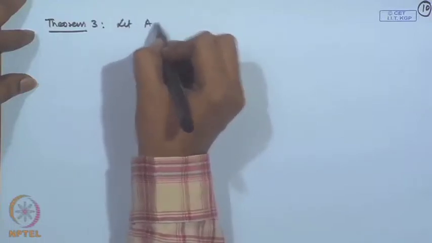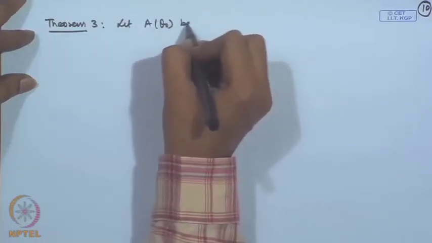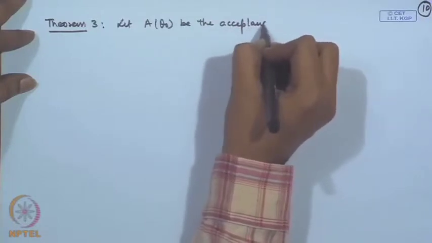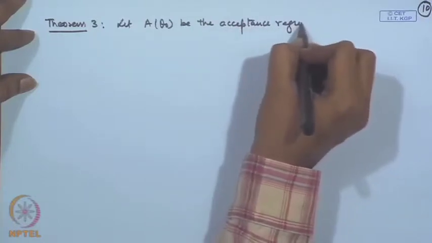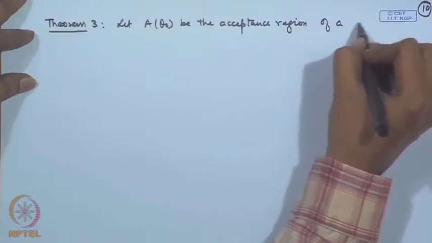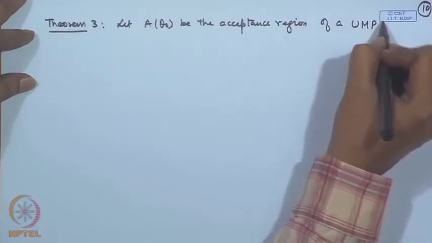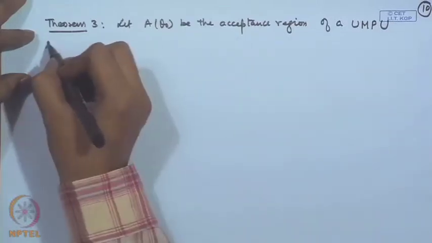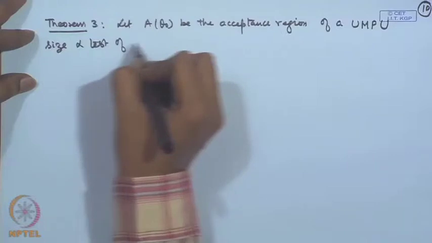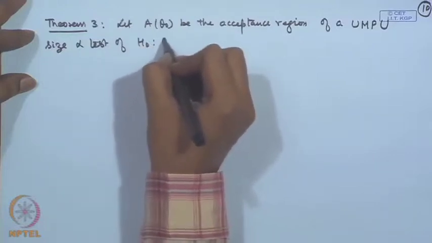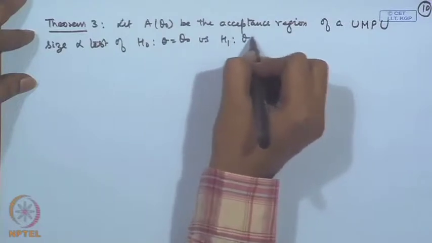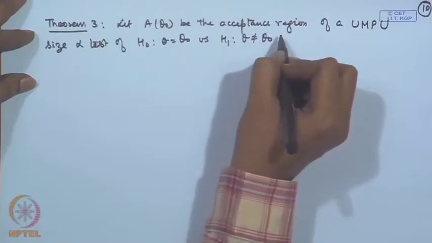Let A theta naught be the acceptance region of a UMPU size alpha test of H naught: theta is equal to theta naught against, say, H 1: theta is not equal to theta naught.